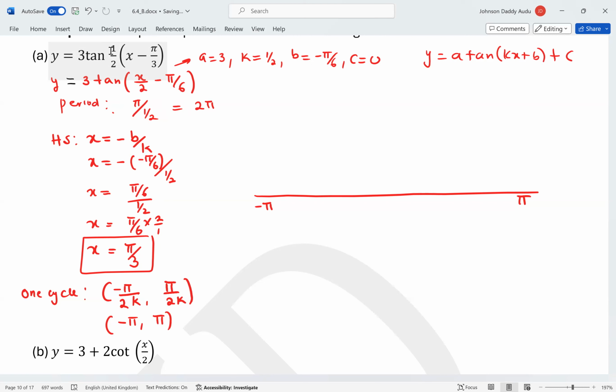All right. So now let's work with this. Then we can readjust. But look at the distance. What is the distance from minus pi to pi? It's just 2 pi, right? So the middle here is going to be 0. And this is pi over 2, and this is minus pi over 2.